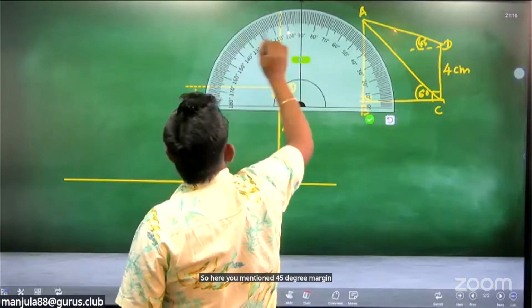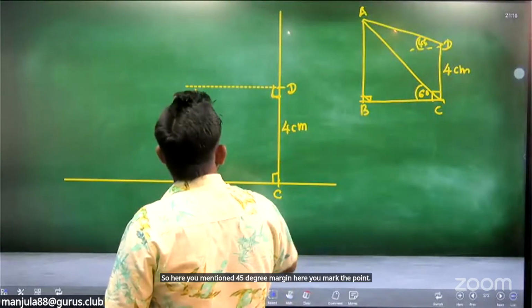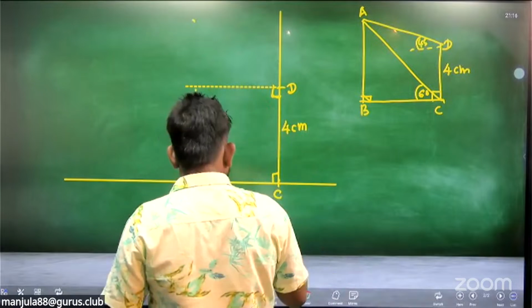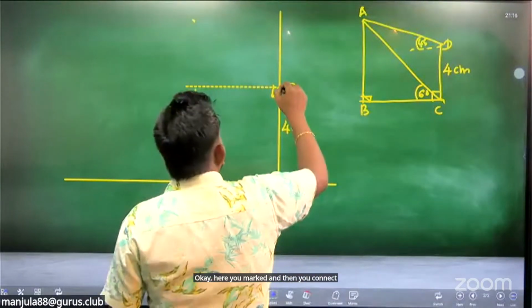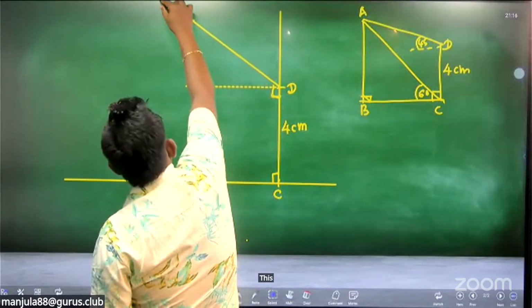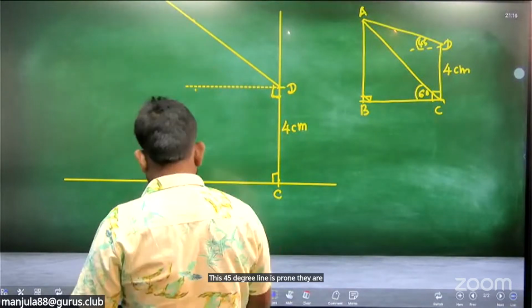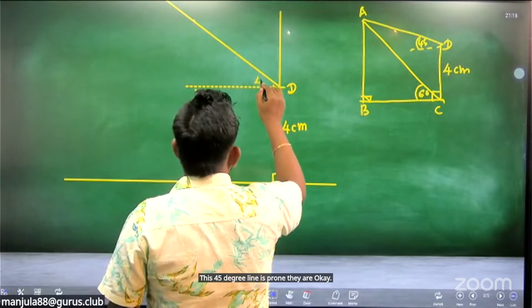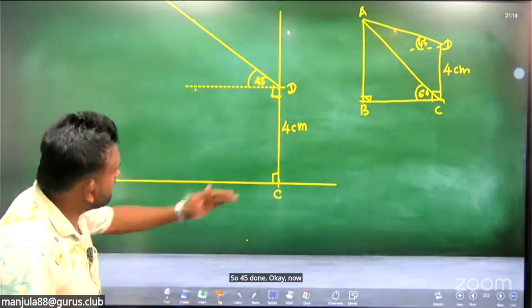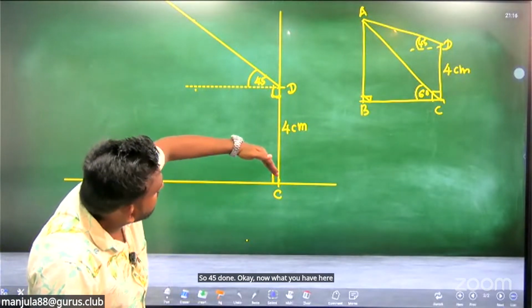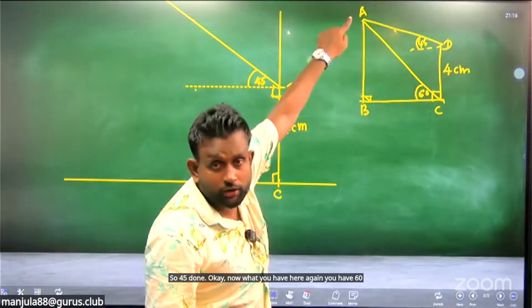Here you mark the point, and then you connect. This 45-degree line is drawn there. So 45 is done.